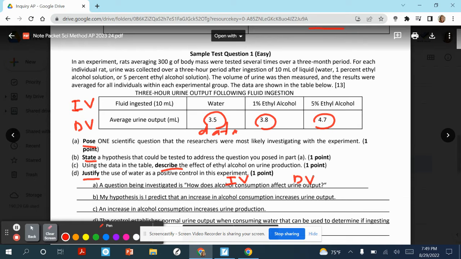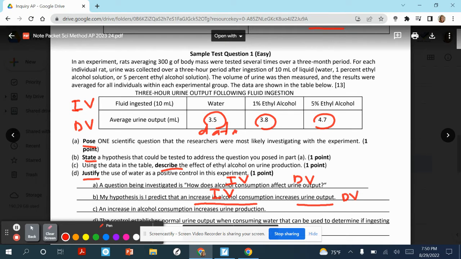All you need to do is talk about what is being varied, so what is the IV, and then give me a prediction about what's going to happen to the DV. So, I predict that an increase in alcohol consumption increases urine output. Again, here is the IV, and we've indicated that in this case we're increasing alcohol consumption, and then we're predicting about the DV.